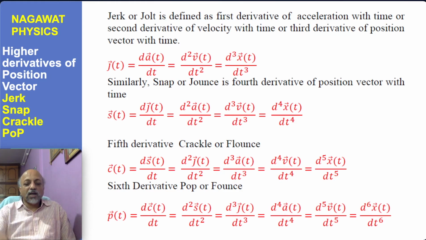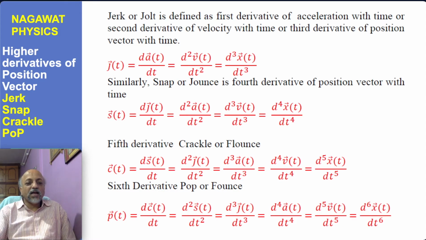It always depends upon something which you observe in our life, and the names of the quantities are derived from our personal experiences and our already existing vocabulary. So these names have been chosen. Jerk, you understand that sometimes we say the motion is jerky, a car ride is jerky, and nobody likes a jerky car ride.